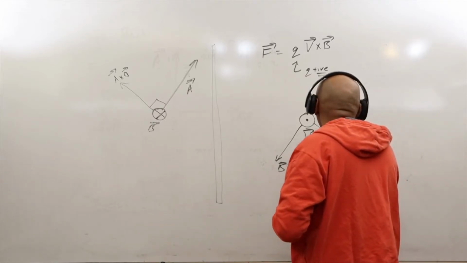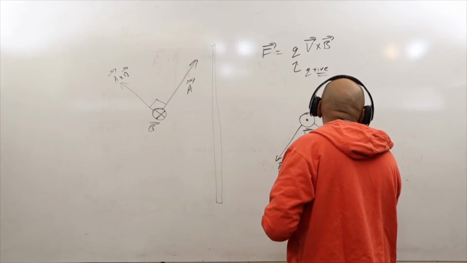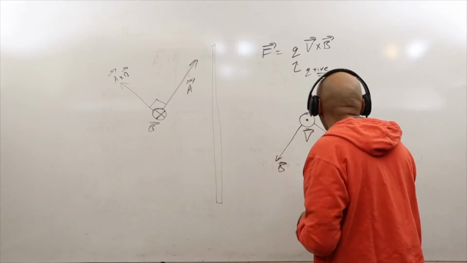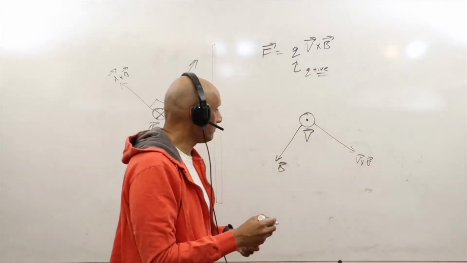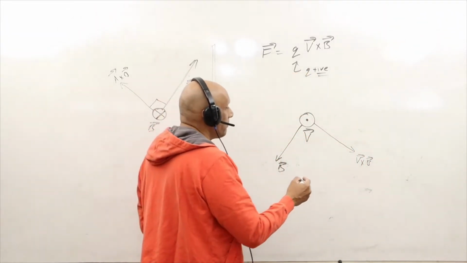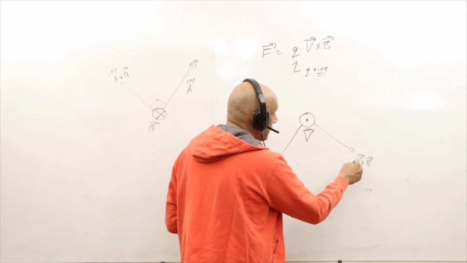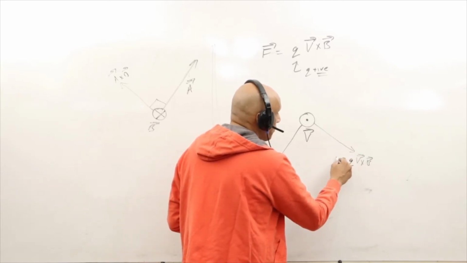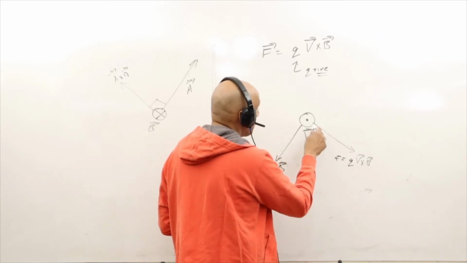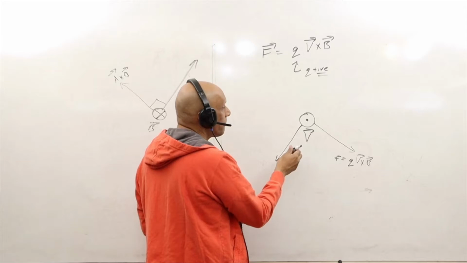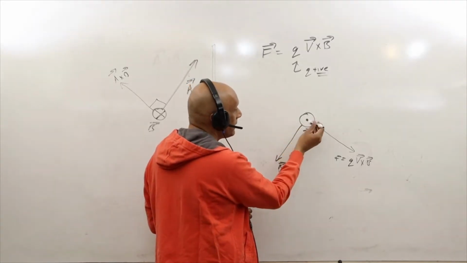So the product of V cross B is going down diagonally. If I multiply it by a positive charge, I'm just scaling this vector, and so the force is actually perpendicular to the velocity vector, which is coming out of the board. So the particle feels a force coming down this way.